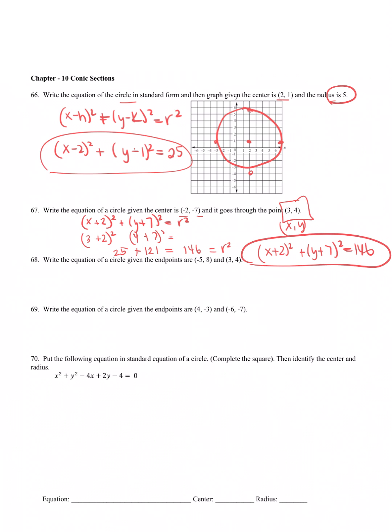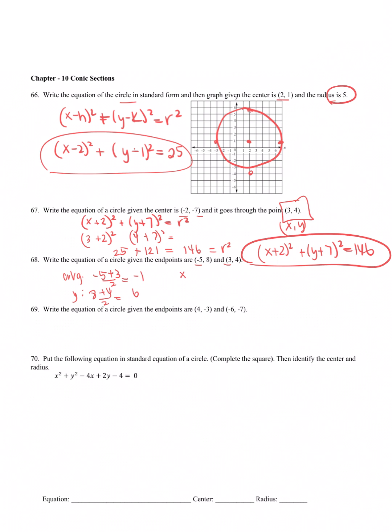Okay, next one, I'm giving you just the endpoints. So if the endpoints are -5 and 3, you have to average the x's. So -5 plus 3 divided by 2 is -1. Average of the y's is going to be 8 plus 4 divided by 2, which is 6.